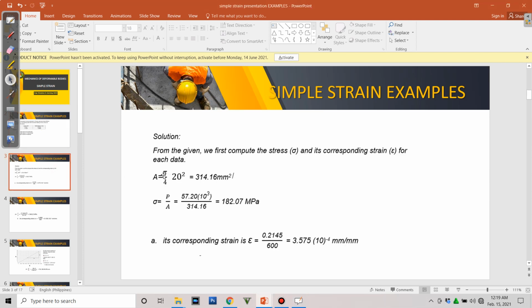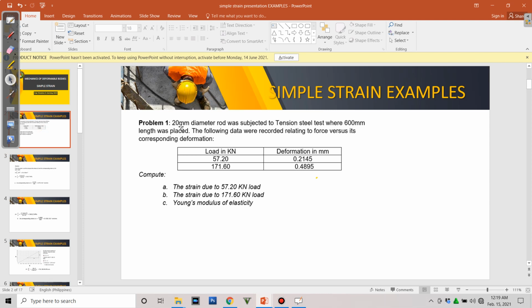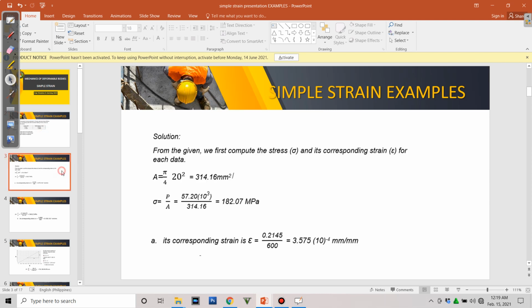As a solution, in order to obtain the sigma, we need to know the area. From the problem we have a 20mm diameter rod. With the simple formula for area, we will yield 314.16 square millimeters.